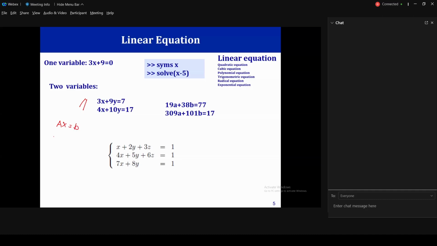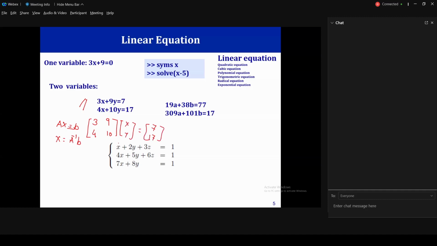So I can get x as A inverse B. So let's try to write this in this form. 3, 9, 4, 10, this is my A matrix, into my X matrix, which is small x, small y, is equal to my B matrix, 7 and 70.